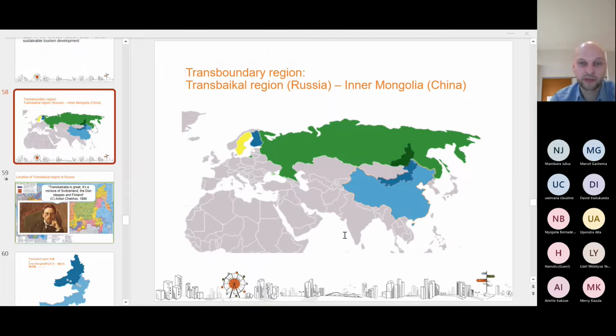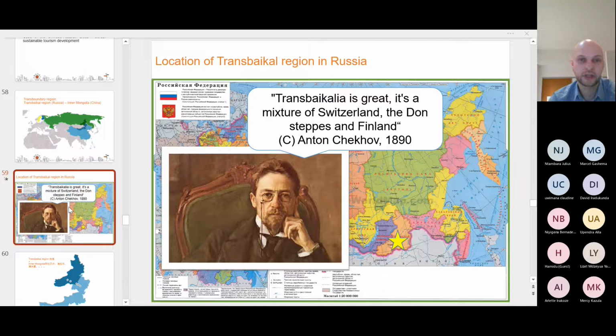So let me start from the territory that we are going to research. I'm going to start with the Transbaikal region, and it was well described and promoted before, in 1890, by the Russian playwright and short story writer Anton Chekhov.